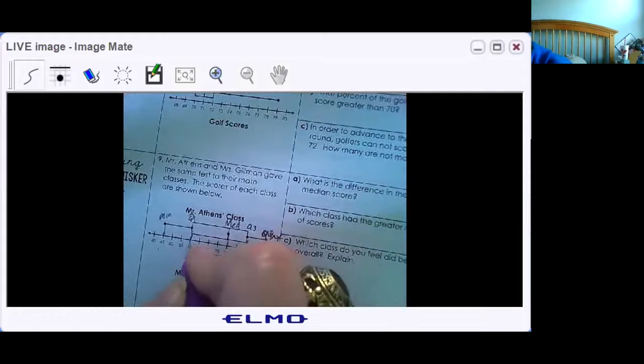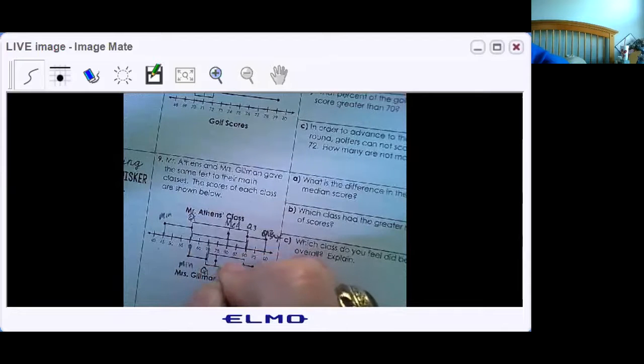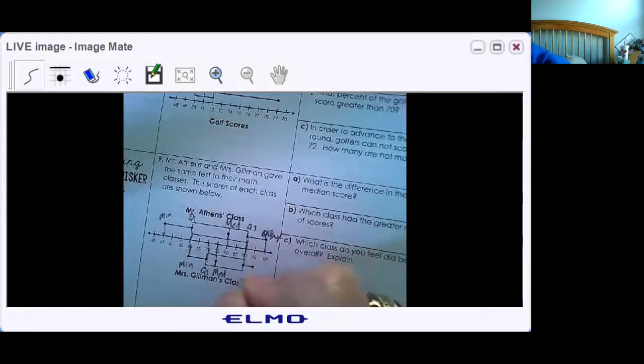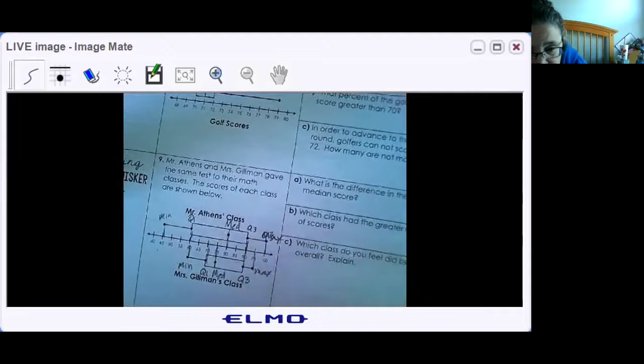Miss Gilman's lowest score was a 60. Her Q1 was a 70. Her median, her middle ground, was a 75. Her Q3 was a 90, and her max was a 95.